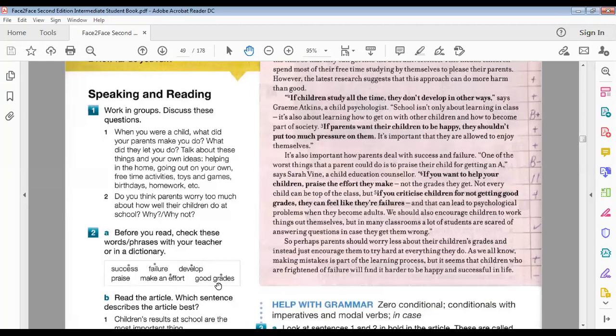So what's the verb form? Simple. On all of them? Yes. Okay, can you show me which verb?